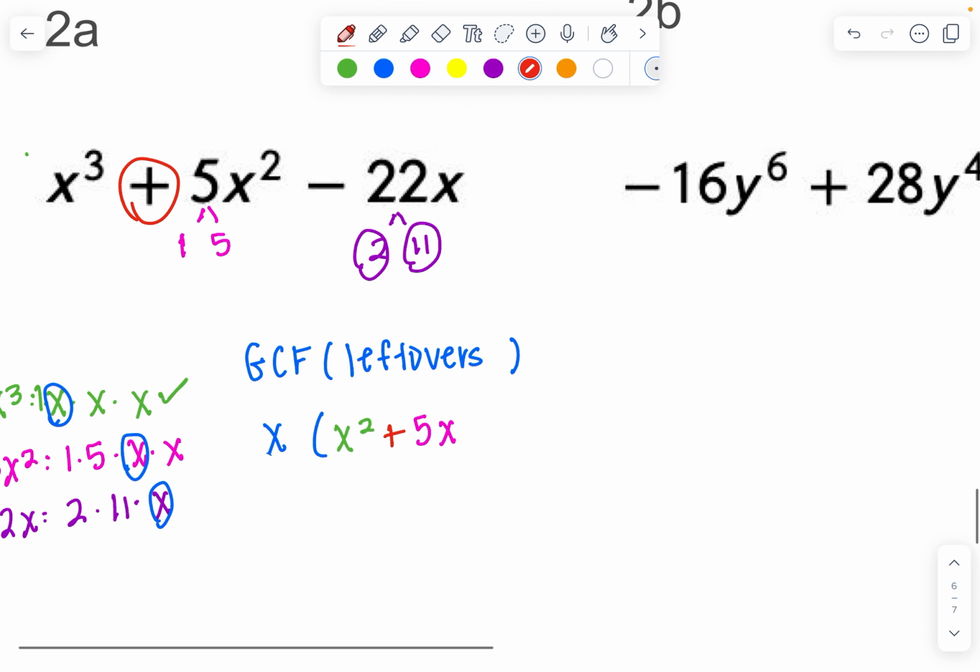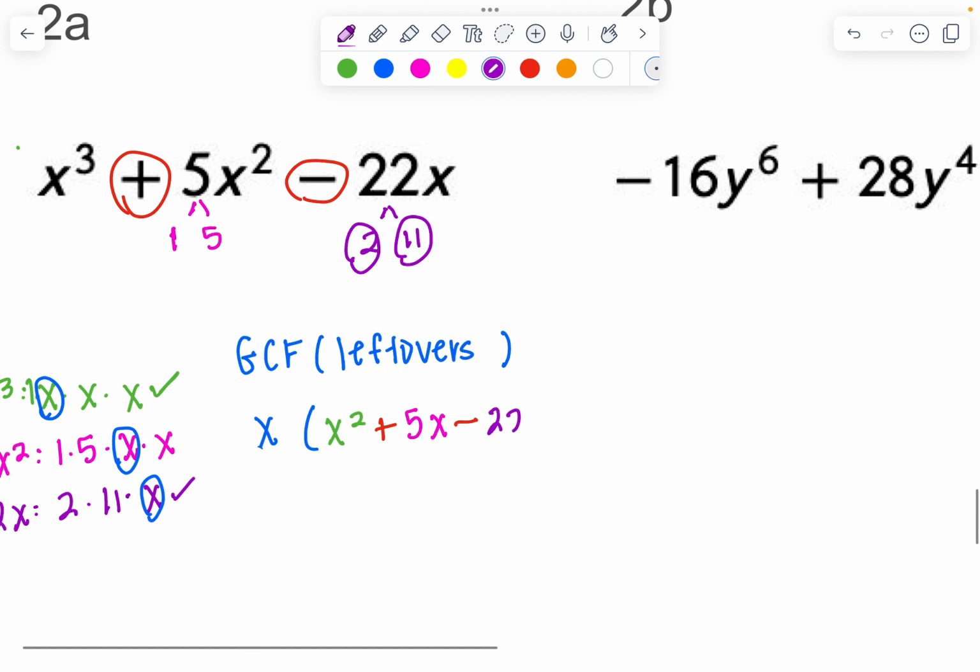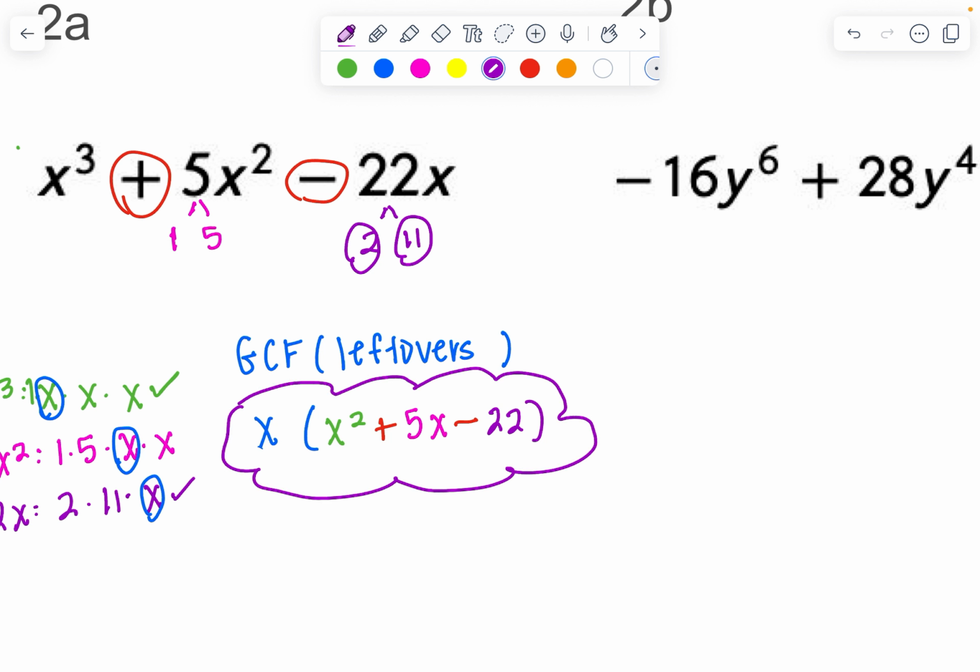Since this is a minus, this will be a minus. And what's left in purple looks like 2 times 11, which is 22. So this now is our final answer. The GCF went on the outside, whatever was left over went on the inside.